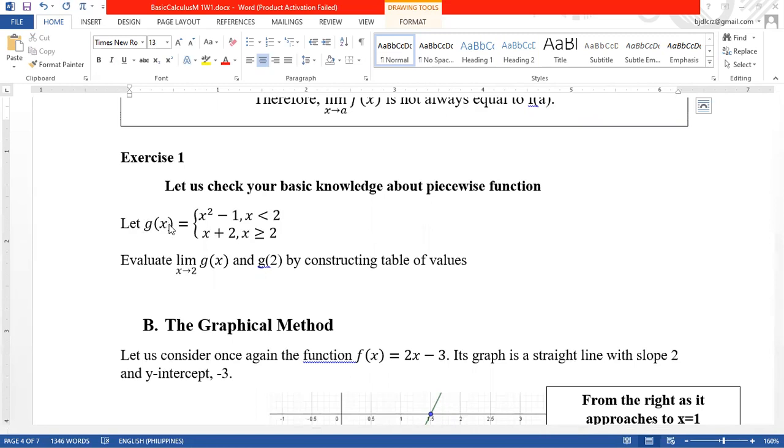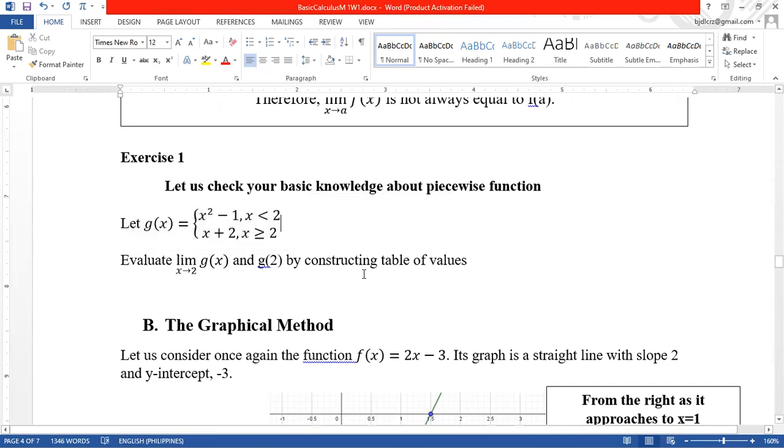So let g of x is equal to x squared minus 1 if x is less than 2, and x plus 2 if x is greater than or equal to 2. Na-discuss naman ni nato unsaon ang piecewise function last time, so mao na inyong answeran. That is your exercise.